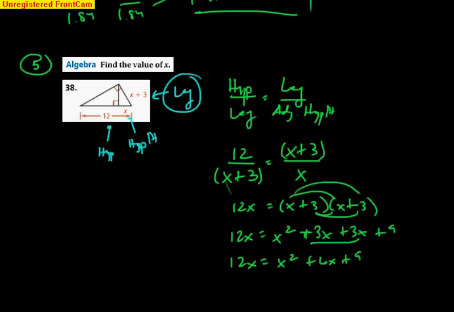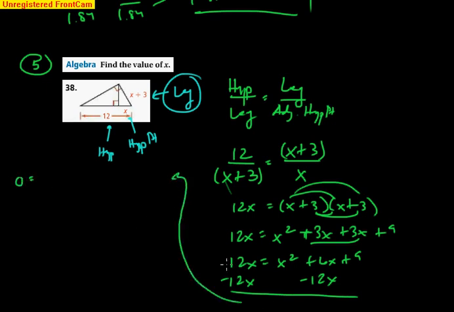Now, when you have x squareds and x's, you need to subtract 12x so that one side becomes 0. So I'm going to bring that over here. So we get 0 equals, the 12x's cancel, x squared minus 6x plus 9.